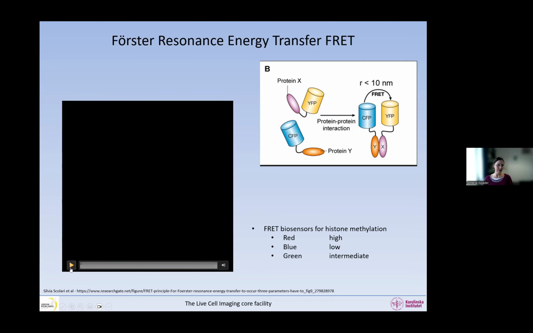Here we have this little movie where we have FRET biosensors for histone methylation, so we can detect which histone is methylated with the colors that we get with FRET. For example, a high level of methylation is going to be in red, the fluorophore is going to fluoresce in red, a low level of methylation is going to be blue, and the intermediate is green.